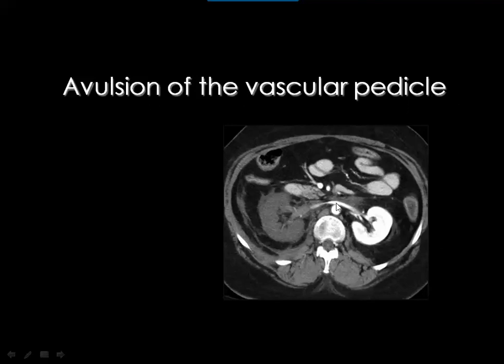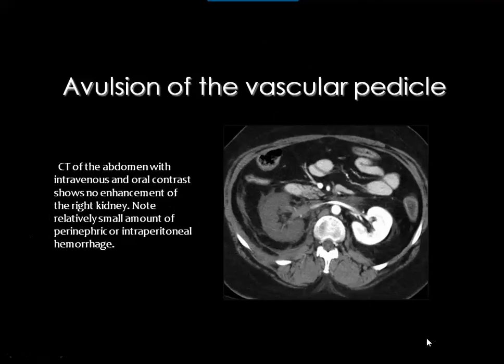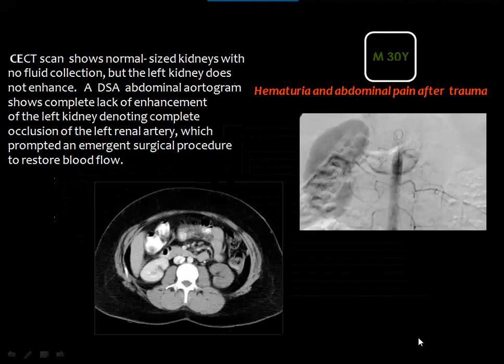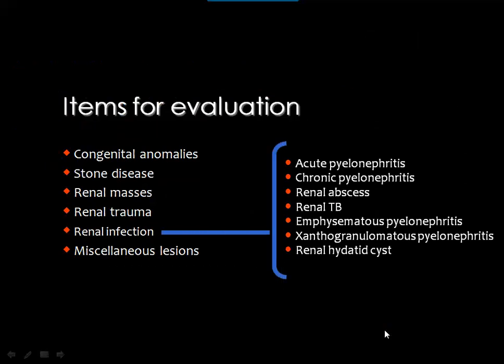This kidney is well nourished by the blood supply, and here the blood supply is not reaching the kidney, and you can confirm this by renal angiography, usually done by CT, and previously was done by flush aortography, for example. This is a case of avulsion of the renal vascular pedicle on the left side, and you see the left kidney is not enhancing and the right kidney is enhancing.